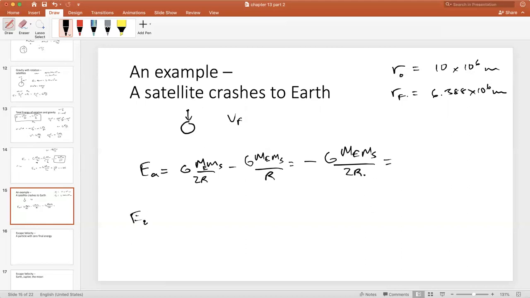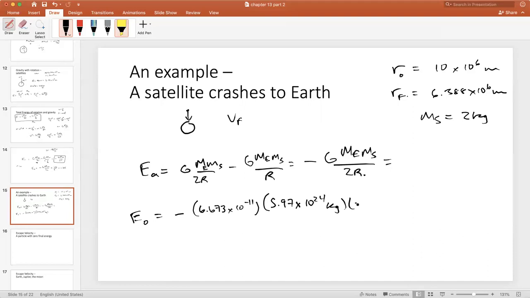So the energy initially is minus 6.673 times 10 to the minus 11, mass of the Earth is 5.97 or 5.98, depending on what you want to use. I'm used to using 5.97. Let's say that this satellite is only a little cube satellite, a 2 kilogram cube satellite. So this is 2.